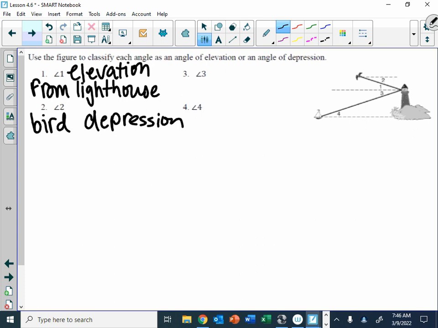Alright, number 3 is also from the lighthouse. And I'll just go ahead and say 4 is from the boat. So number 3, I'm from the lighthouse. This is my line of sight. The angle is below. So is that depression or elevation? Depression, good.